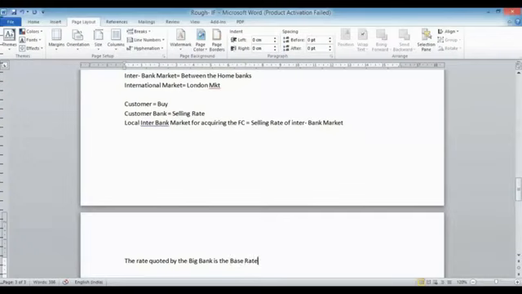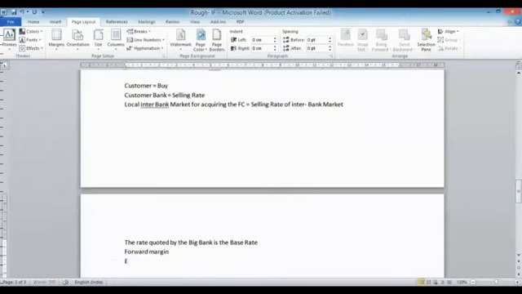Whatever the base rate is, on this base rate we have to load the forward margin if it exists.